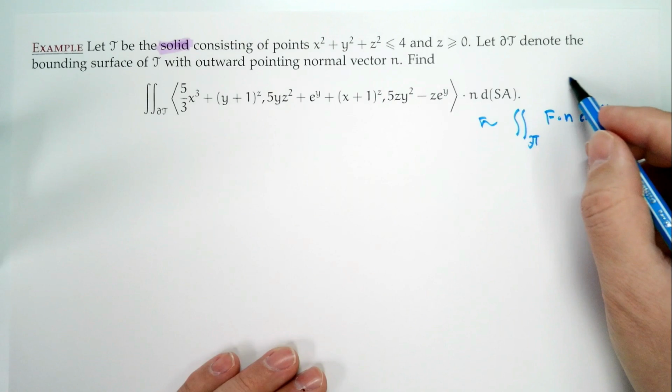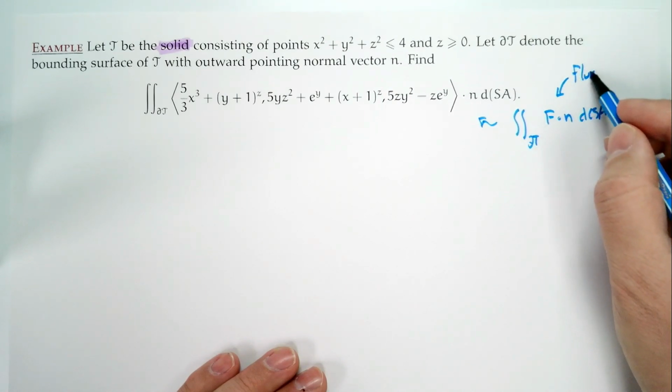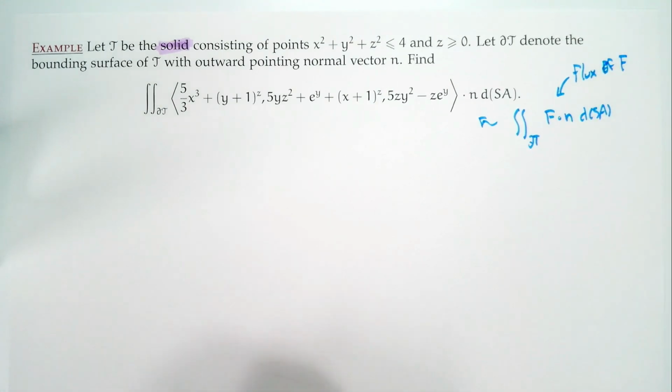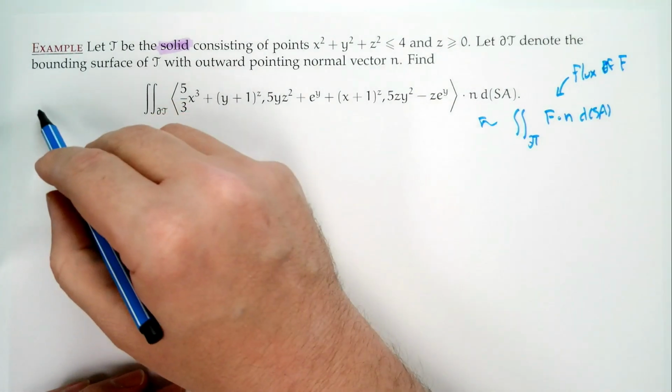So this is computing the flux, or the flow, of the function capital F, the vector field F. All right, so this is a flux through a surface, and the surface is that of a solid. So this one is going to be a divergence.